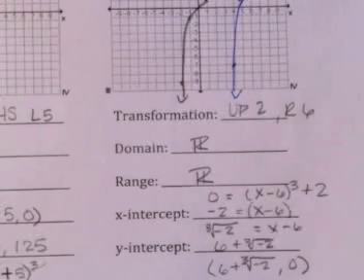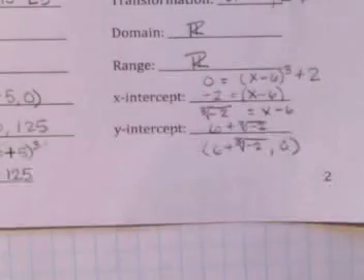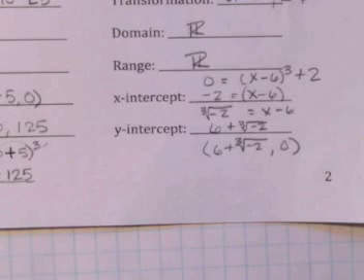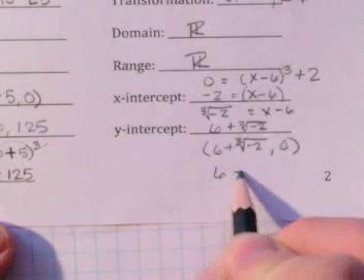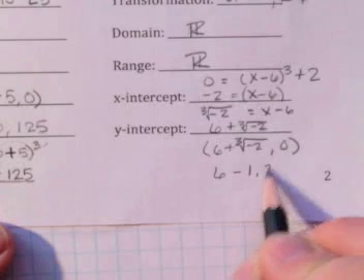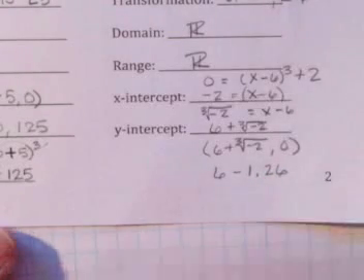But more commonly, we're going to go ahead and turn that into a decimal so that we can graph it. So if I take the cube root of negative 2, that's like taking negative 2 to the 1/3 power. And when I do that, I get negative 1.26.